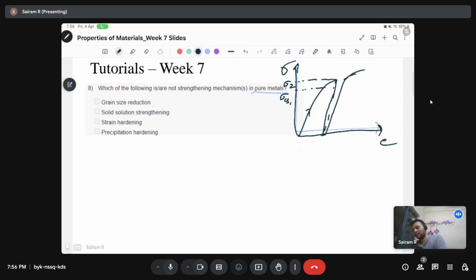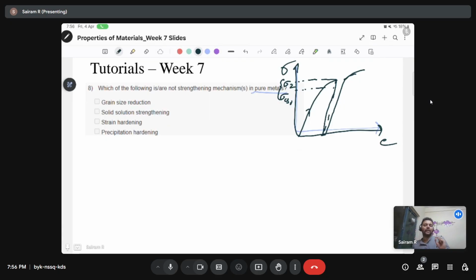I have to apply a stress beyond sigma 2, right? So we can see that there is an increase in the yield strength from sigma y1 to sigma 2. This increase is because of strain hardening. Again, this is still possible with a pure metal, so no problem at all.